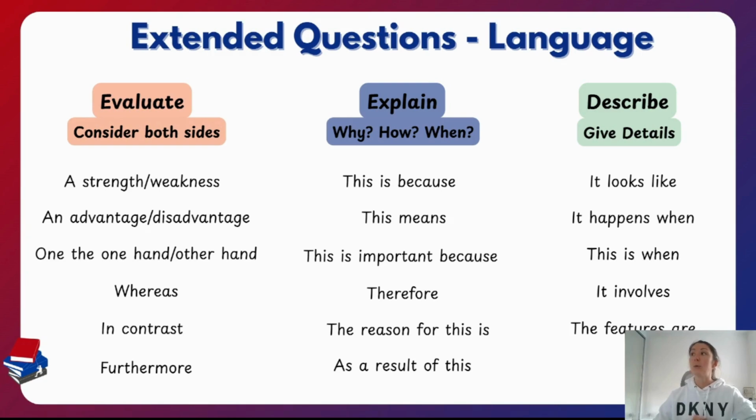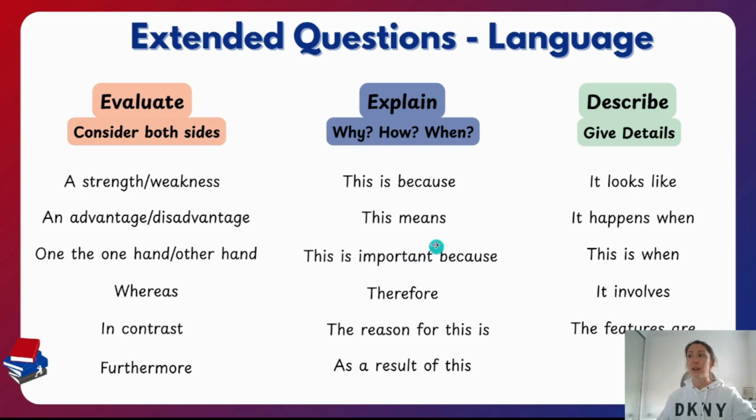Within an extended question, there are different languages or keywords, key phrases that you can use, which will really help you to structure your answer. I'm not going to read them all out, but if you get an evaluate question, it means you need to consider both sides of the argument. So you could talk about strengths and weaknesses, advantages, disadvantages, saying in contrast, whereas this has happened, etc. Explain questions, you need to say why, how, or when something has happened.